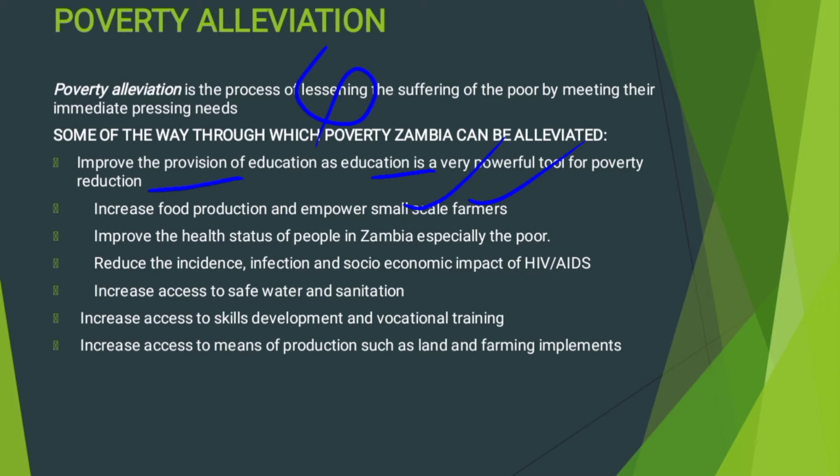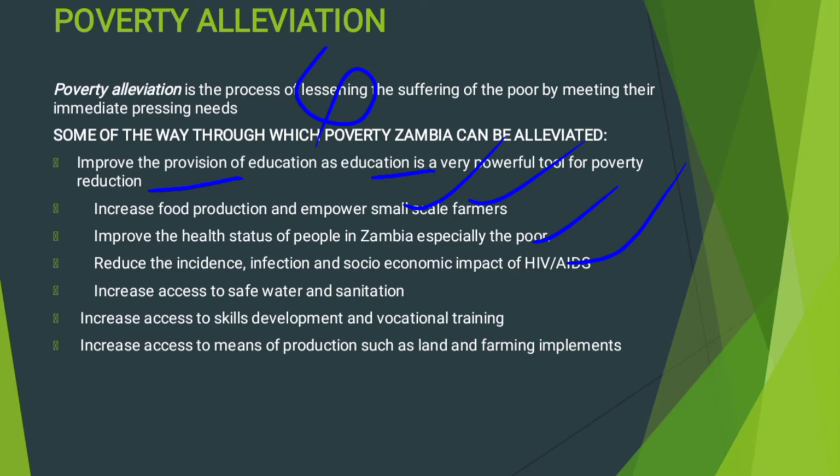Improve the health status of people in Zambia, especially the poor. Health status must be improved. Reduce the incidence, infection, and socioeconomic impact of HIV and AIDS. HIV brings about poverty.